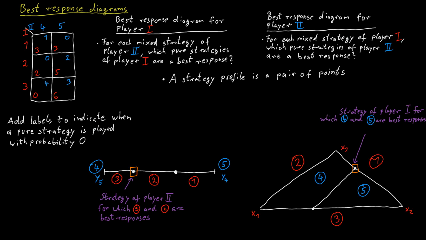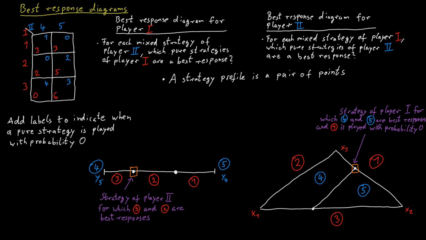Strategy 1 of player 1 is not a best response. So for this to be a Nash equilibrium, it means strategy 1 has to be played with a probability of 0. Is this the case? Yes, it is, because the point on the right-hand side actually touches label 1. Right? It lies on this line where strategy 1 is played with probability 0.